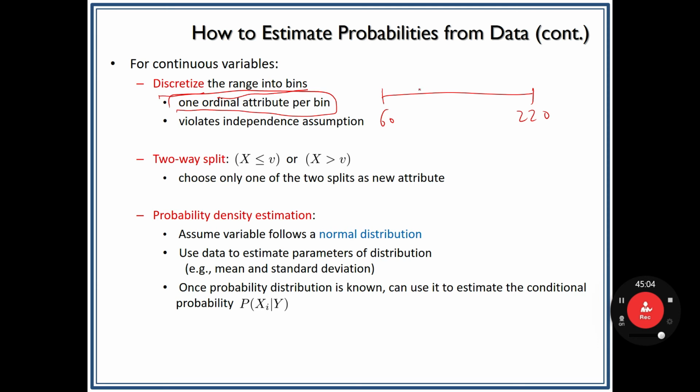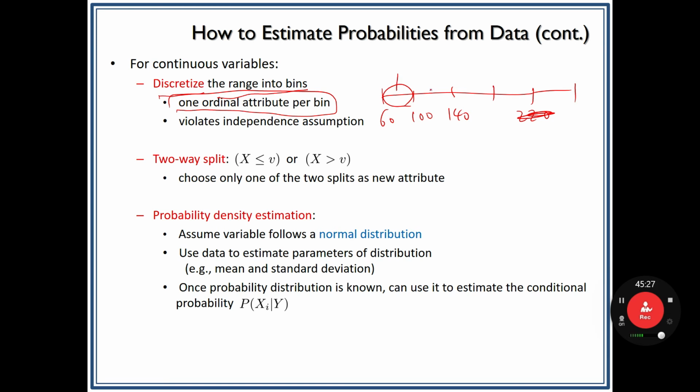For example, you can divide it into equally spaced bins, and assign an ordinal value such as 1, 2, 3.